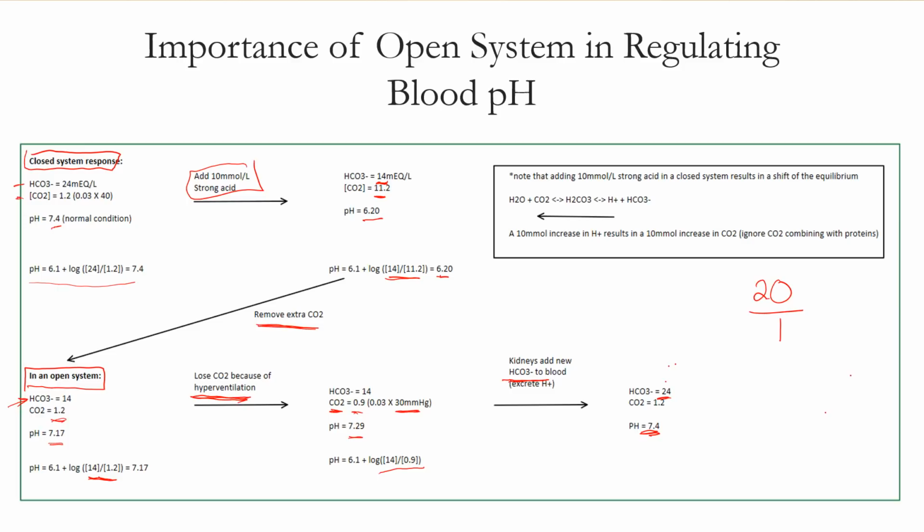So if we're looking at it in terms of our Henderson-Hasselbalch equation, what happened was we had a drop in our bicarb, and to compensate for that, we started to drop the acid as well to keep the ratio as close as possible to maintain our pH. The way we were able to do that was through hyperventilation and ultimately replacing that bicarb.